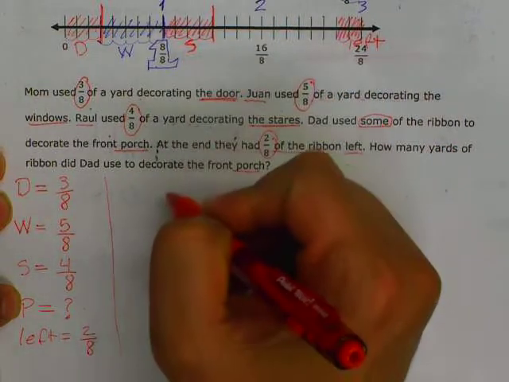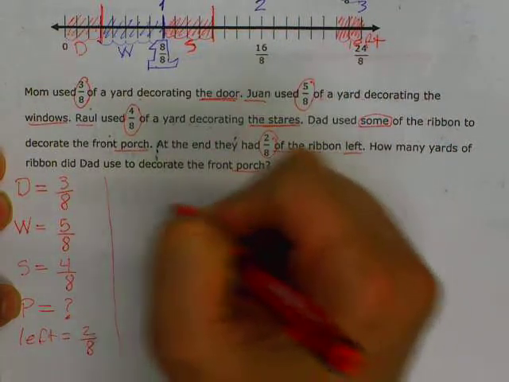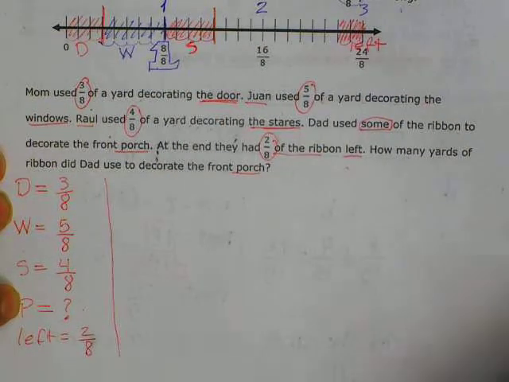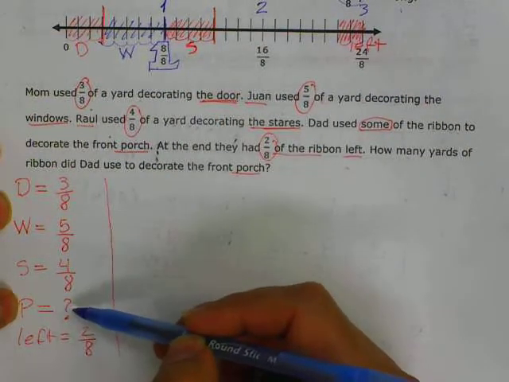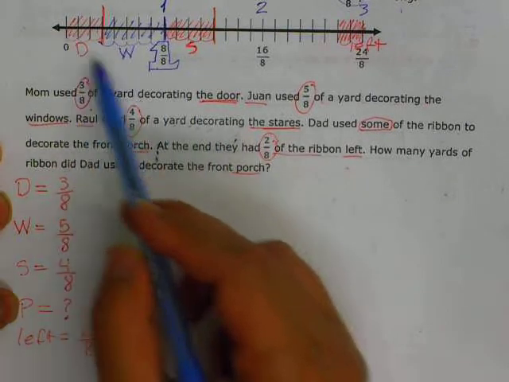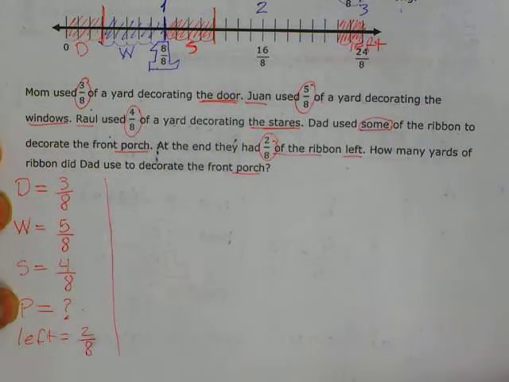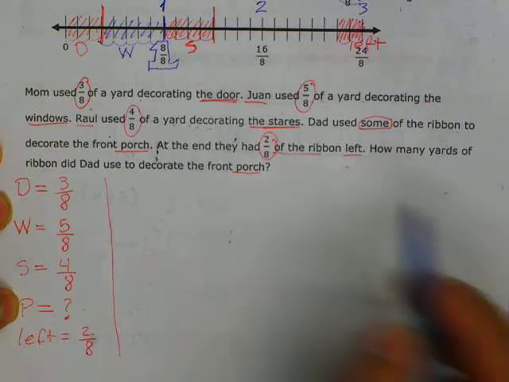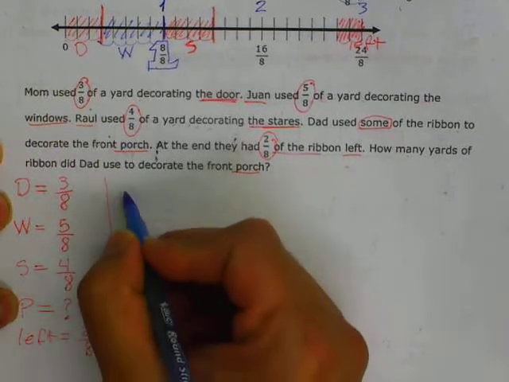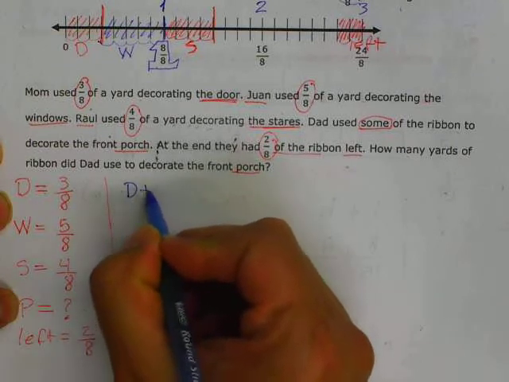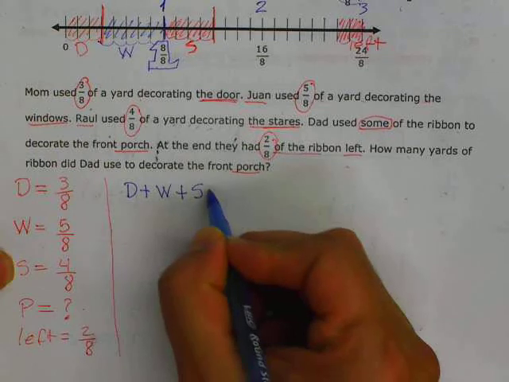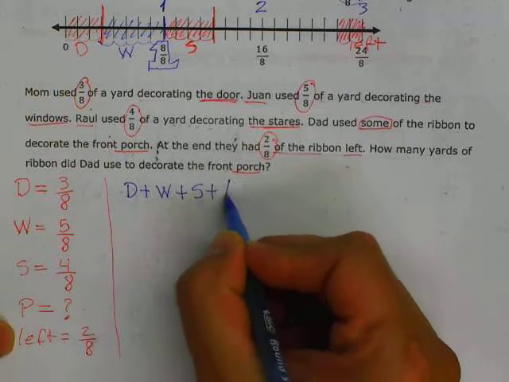Now, how do I find that in number sentences? How do I figure out how much the porch was? What would I need to do first with all the information that I have? I need to add everything that I know. So I need to add the door plus whatever they used for the window plus the stairs plus whatever was left.